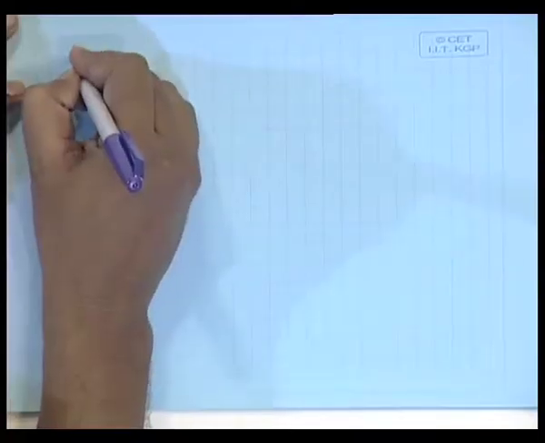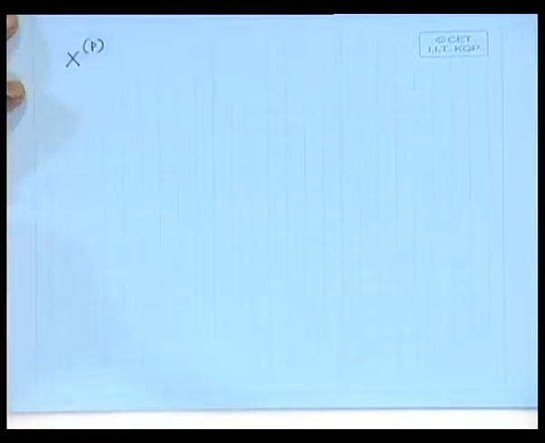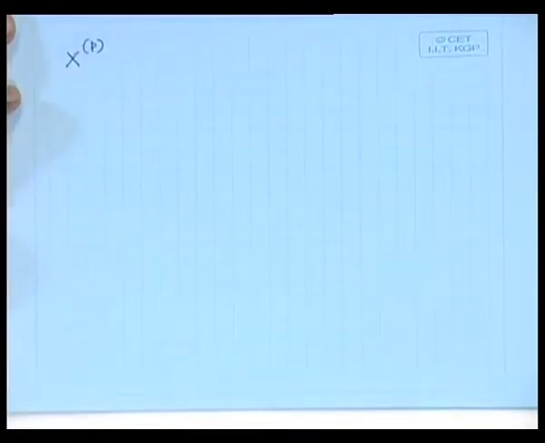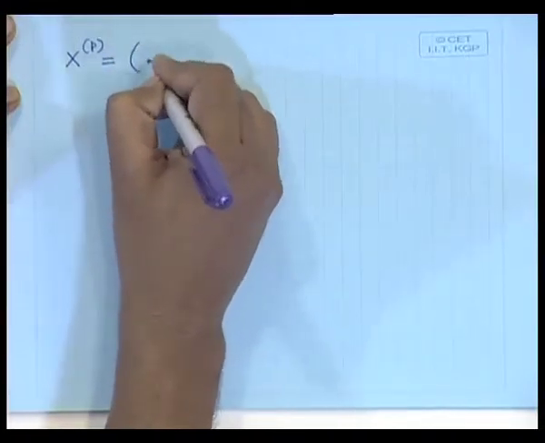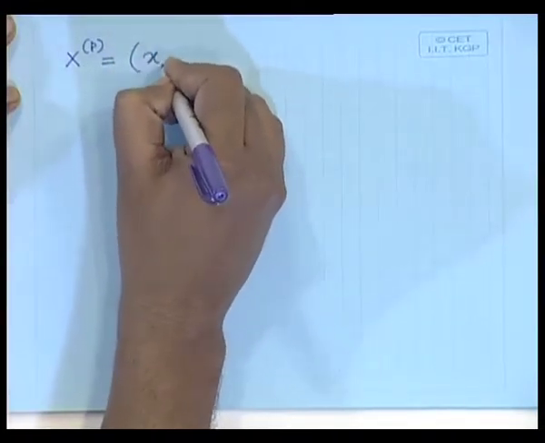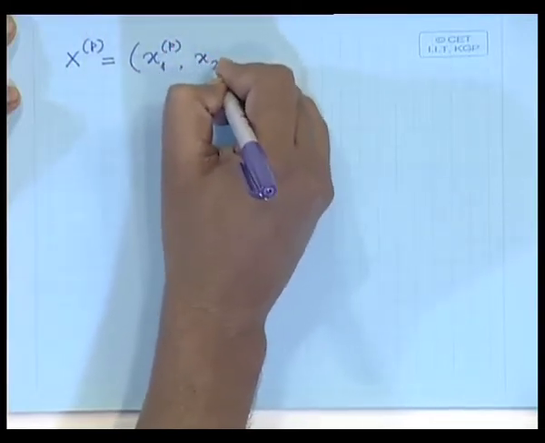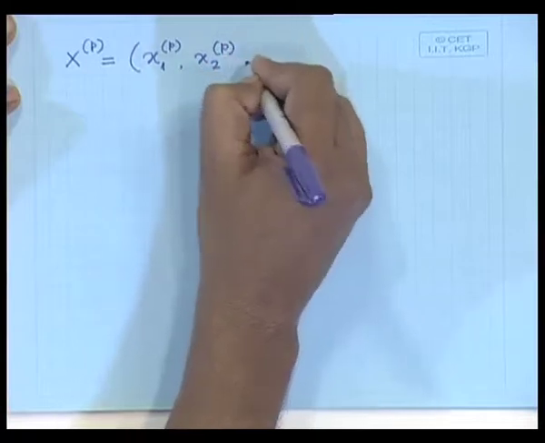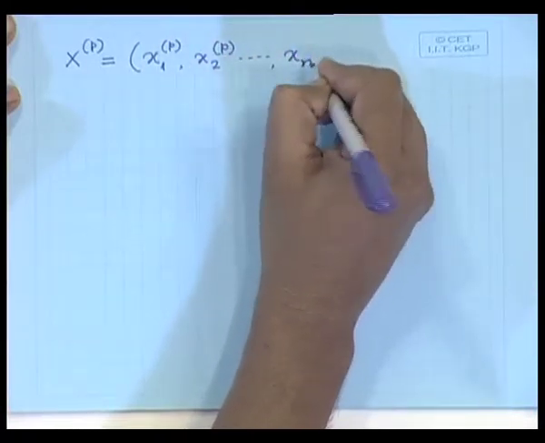Suppose I have this pth training pattern xp, and as I said, the training vectors, the sample vectors, are n dimensional vectors. So, it will have n components, let us say x1p, x2p up to xnp.